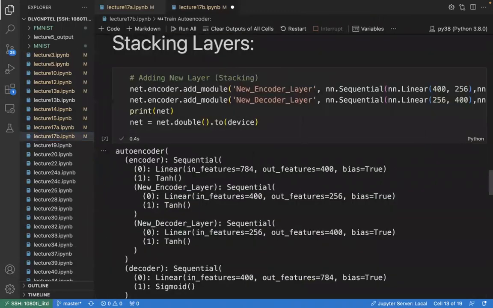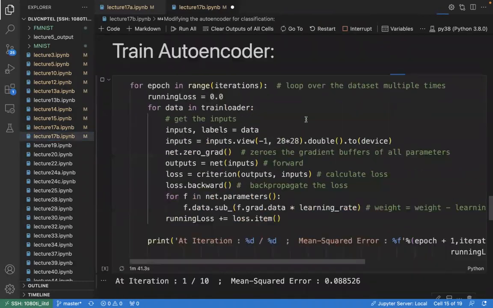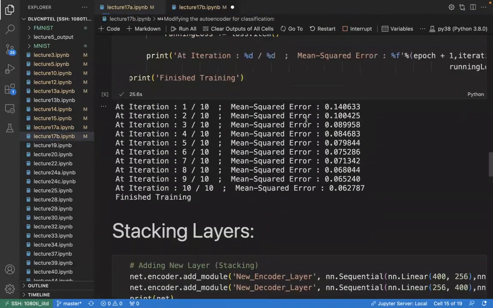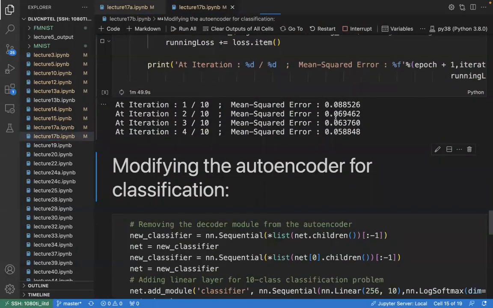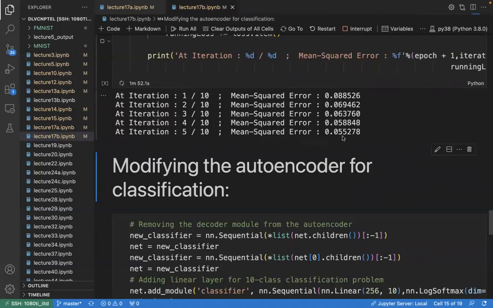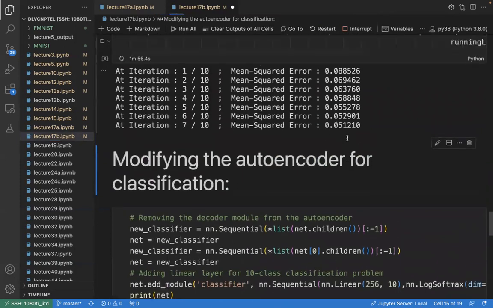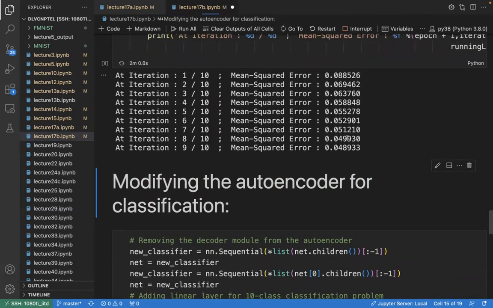Then we stack the layers and then we train again. Here the error stopped at 0.06 having started from 0.1, but now the error has started from 0.08, and now the error will go lower than 0.06 because we used the previously trained weights and made progress on it.